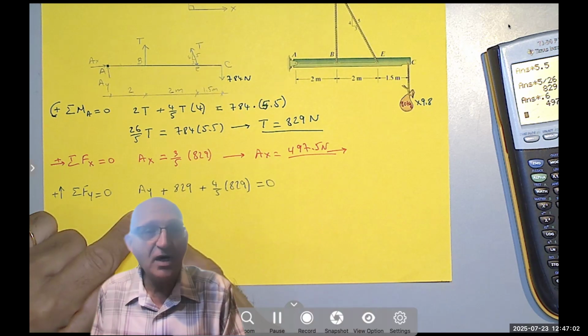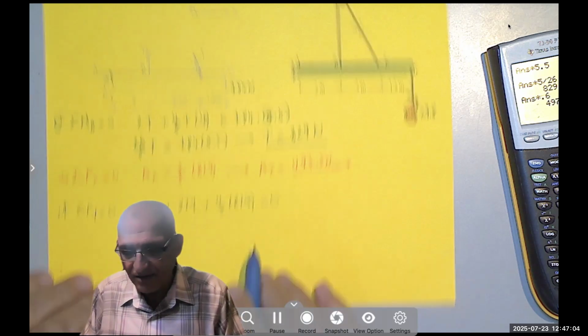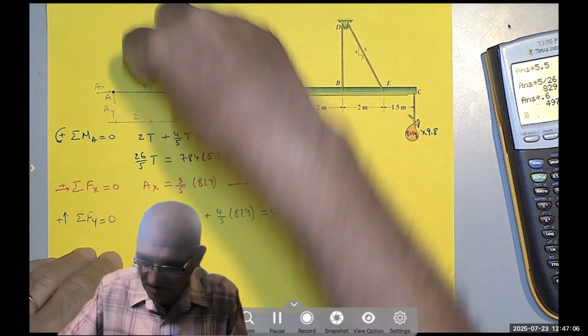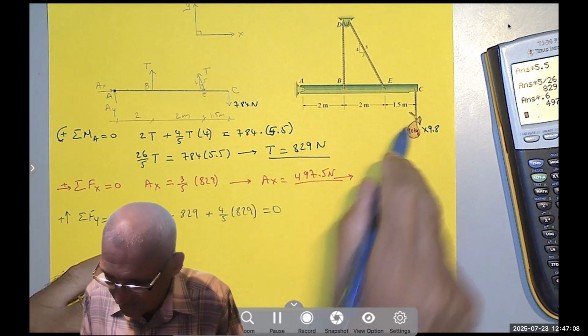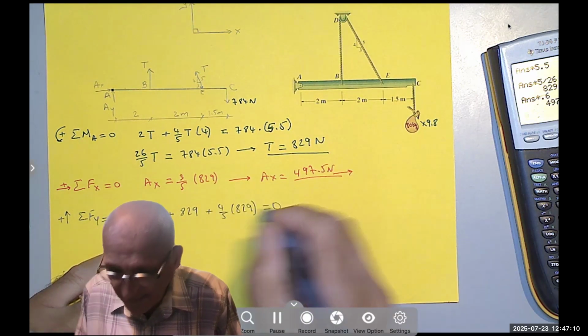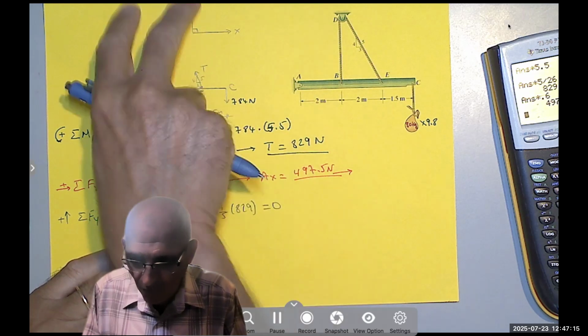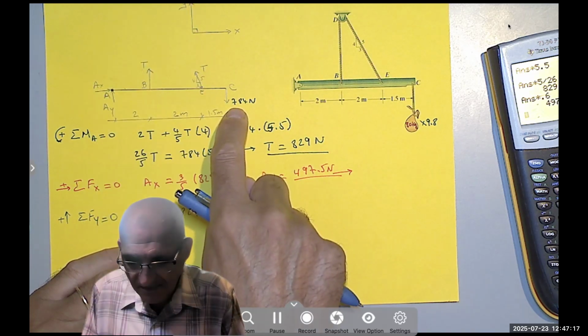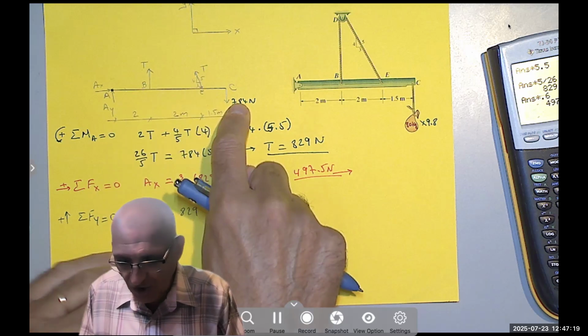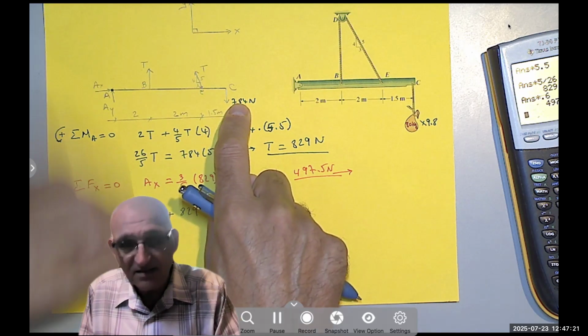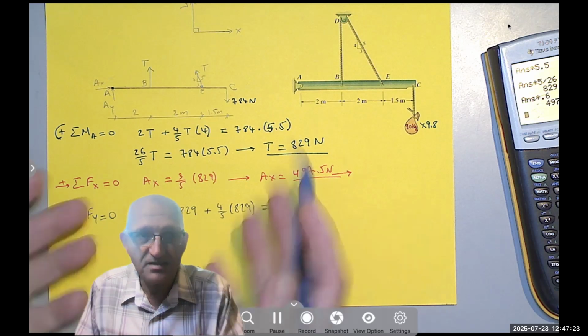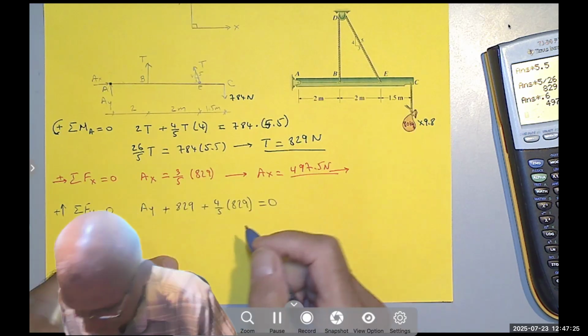So of course, A sub y is negative, it must be going down. Of course, if these tensions, oh, I'm sorry, I didn't subtract that. But of course, the two tensions are pulling up, they are more than this weight as their sum. So the A sub y must be going down, or else the beam would have moved.